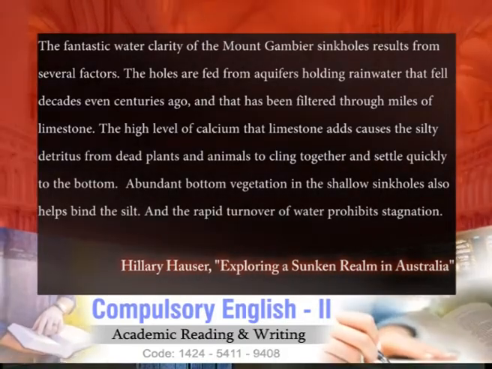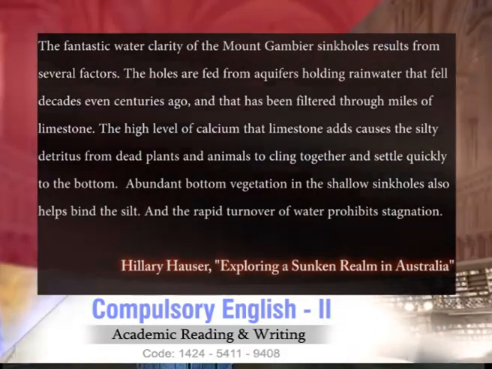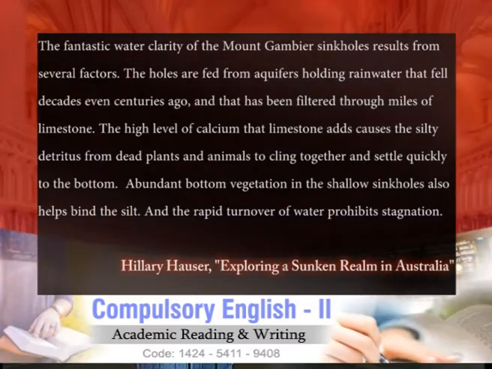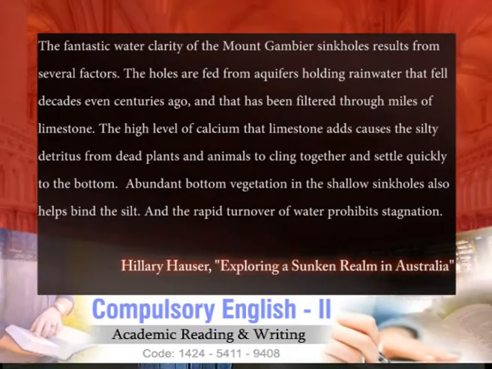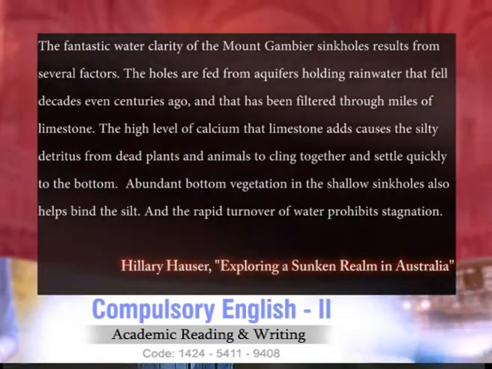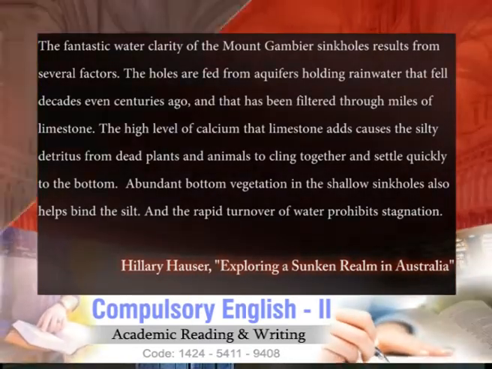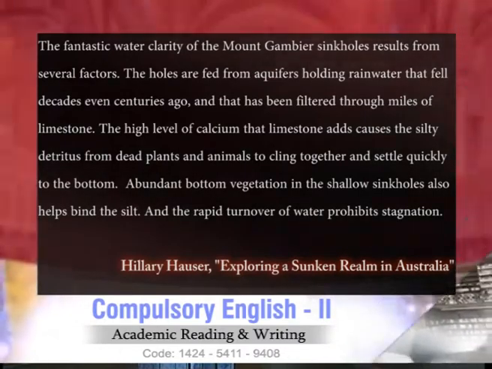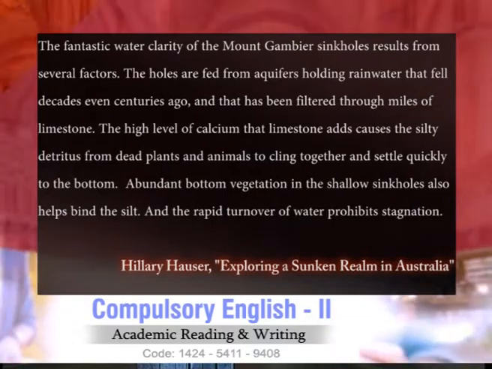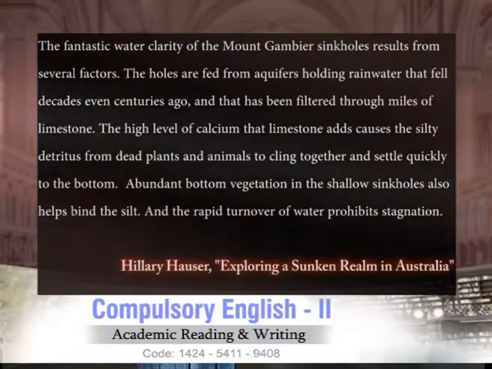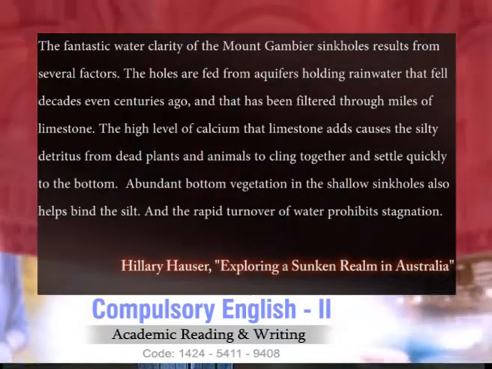The high level of calcium that limestone adds causes the silty detritus from dead plants and animals to cling together and settle quickly to the bottom. Abundant bottom vegetation in the shallow sinkholes also helps bind the silt, and the rapid turnover of water prohibits stagnation.